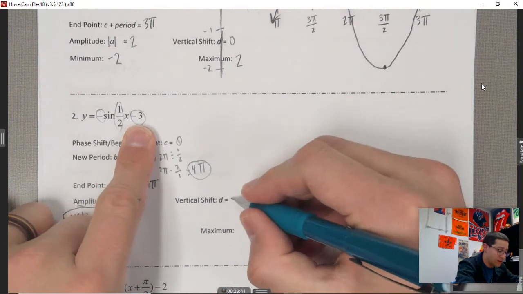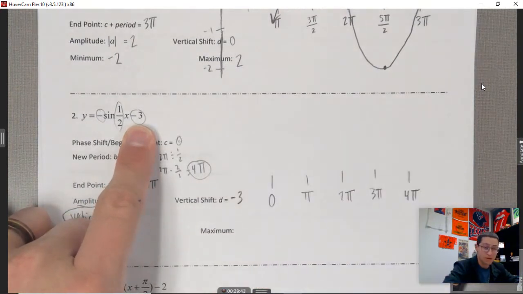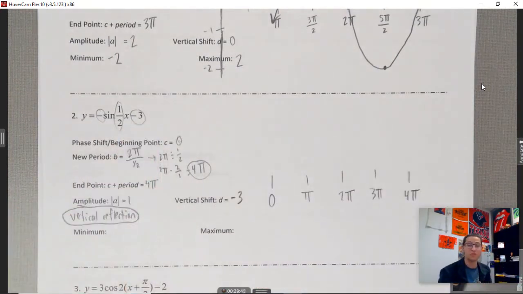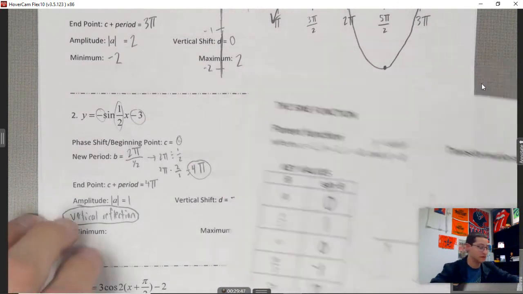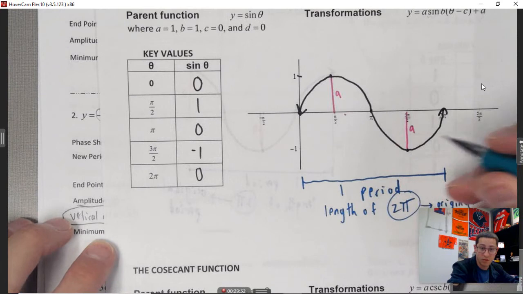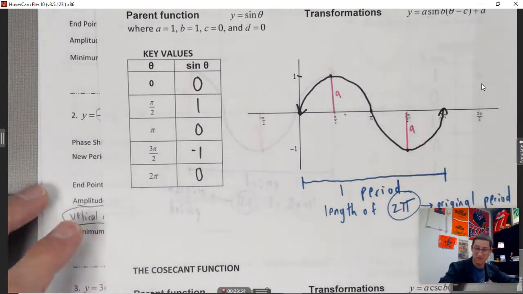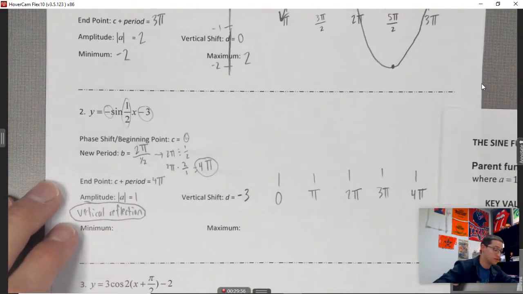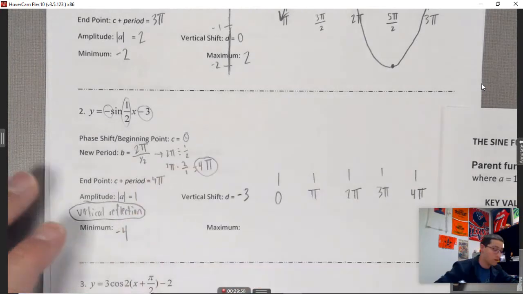The D value here is -3, so we're shifting down. My minimum was previously -1 for sine, but now it's shifted down, so it's going to be -4.